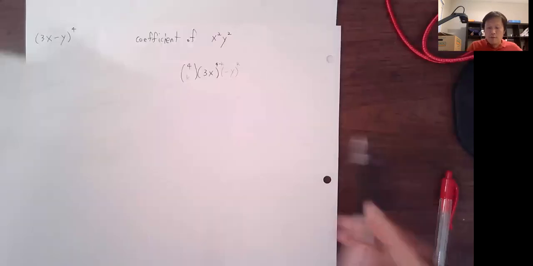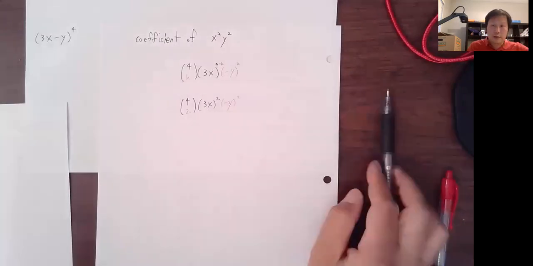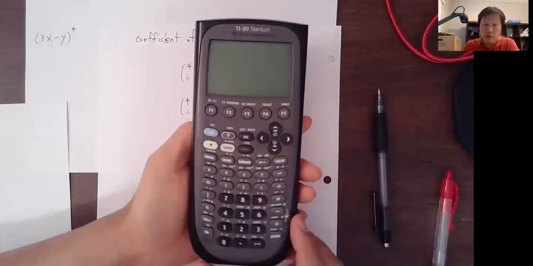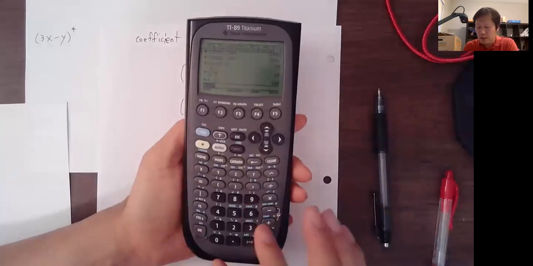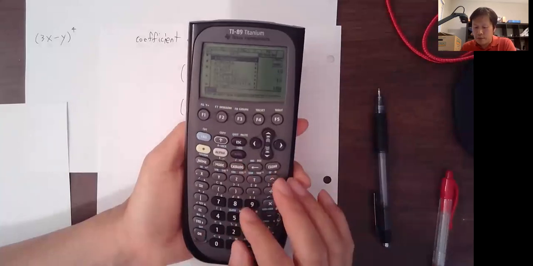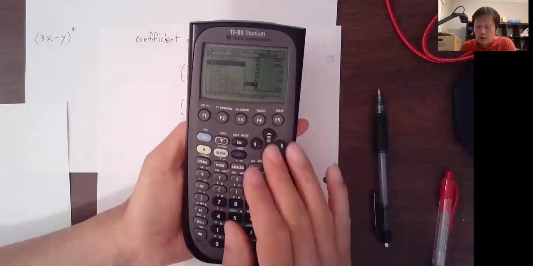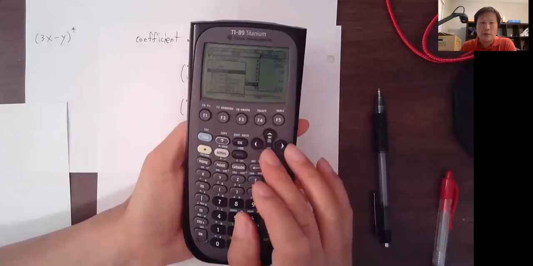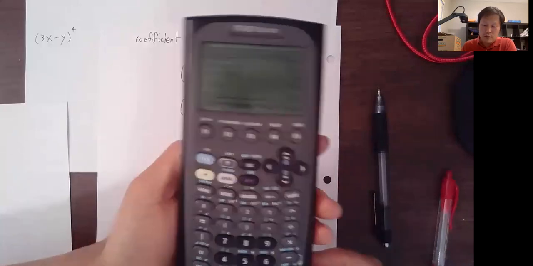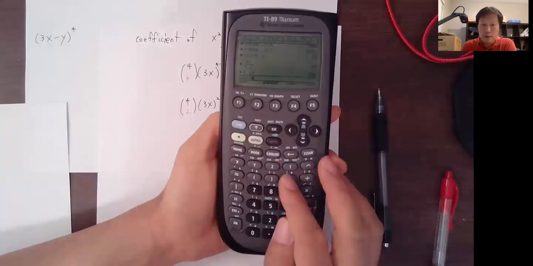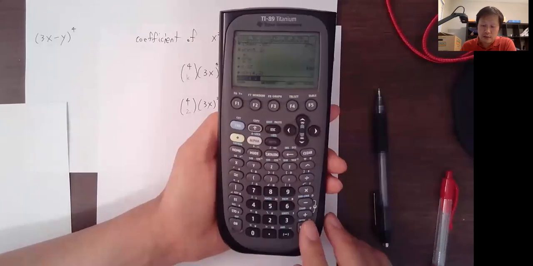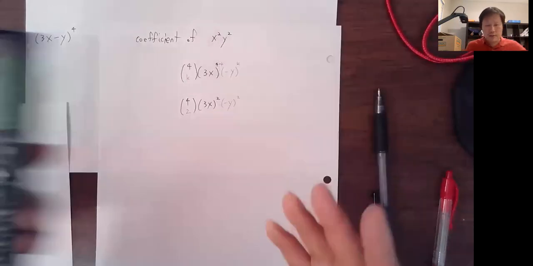If your calculator has a combination key, lots of scientific calculators do. So for 4 combination 2, in my calculator, I go math, there's probability, and it says nCr is combination. I type nCr and 4,2, and hit enter. I got 6. Using a calculator, you can get 6.